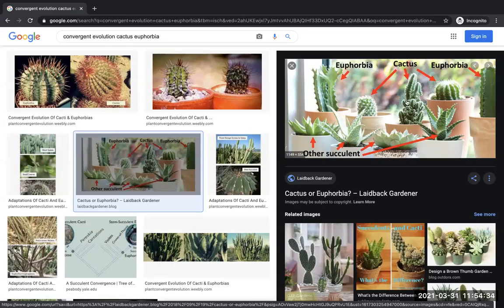The euphorbs also have a similar shape as cactus, but they are not found here in South America. They're found, I think, in Africa. So they are living in a different place, but they also live in desert. Therefore, they also have a similar shape as the cactus. So that's another example of convergent evolution.